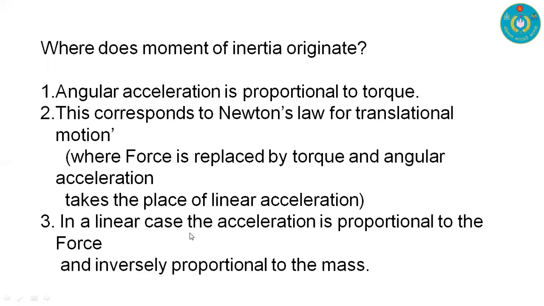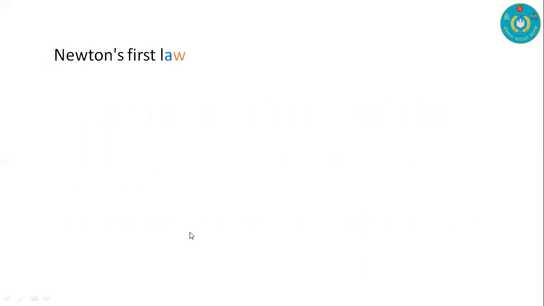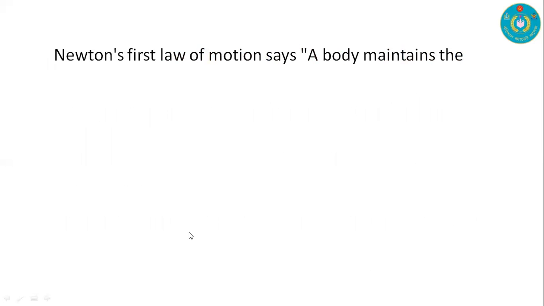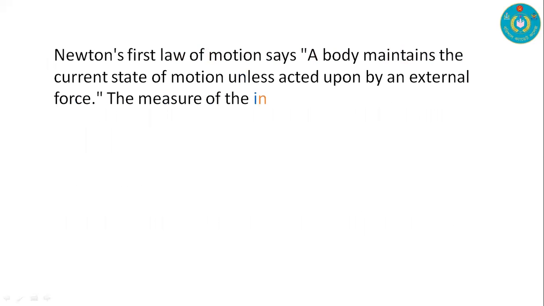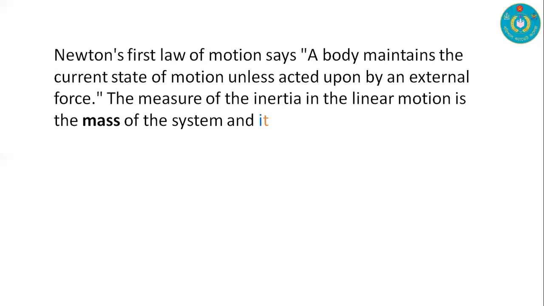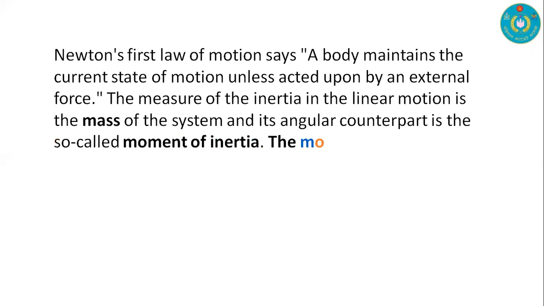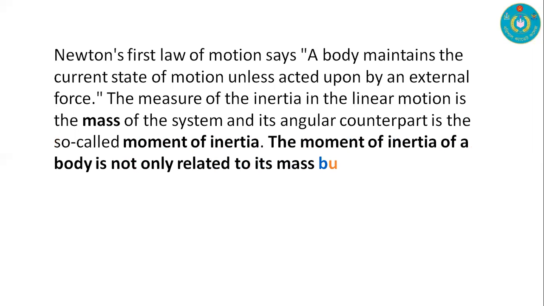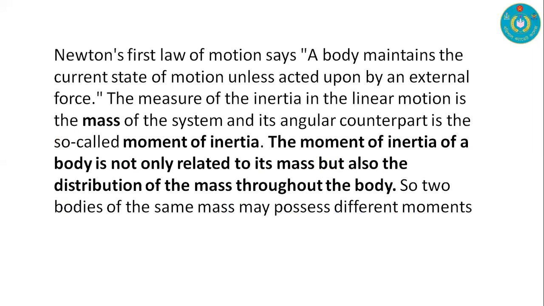In the linear case, the acceleration is proportional to the force and inversely proportional to the mass. Newton's first law of motion says a body maintains its current state of motion unless acted upon by an external force. The measure of inertia in linear motion is the mass of the system, and its angular counterpart is the so-called moment of inertia.